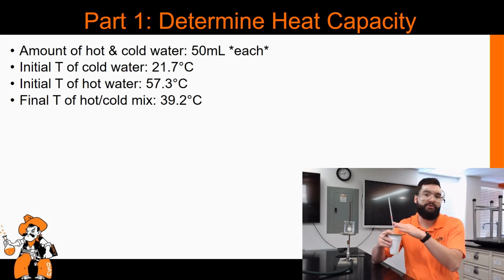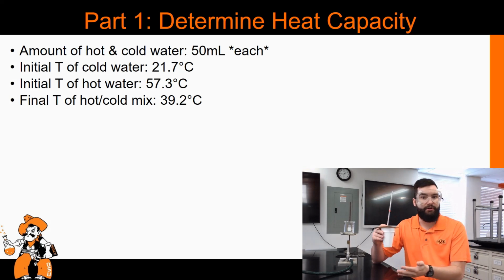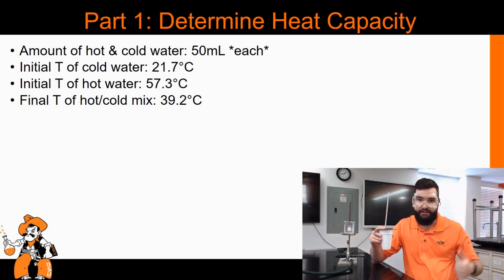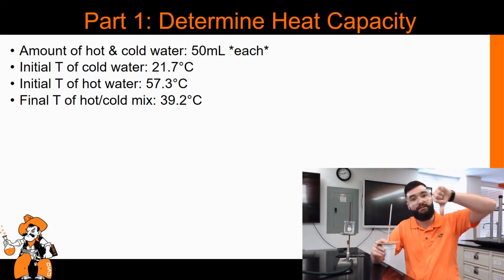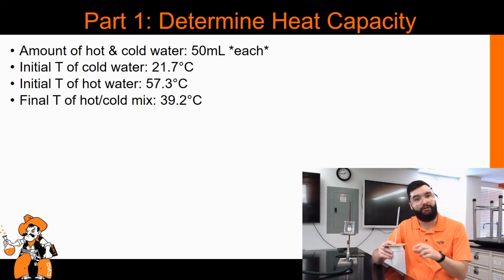So the final temperature here of my hot and cold water mix is 39.2 degrees Celsius. So the temperature of the cold water has gone up to 39 degrees Celsius. The temperature of the hot water has gone down to 39 degrees Celsius.